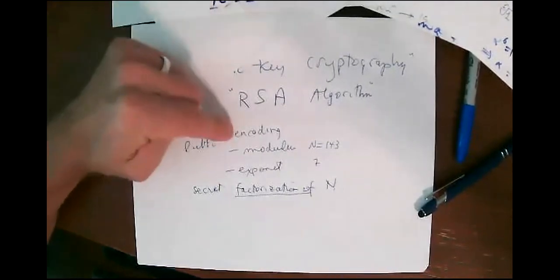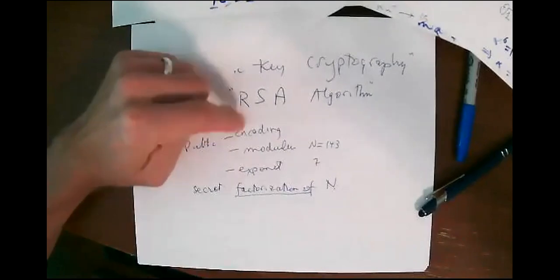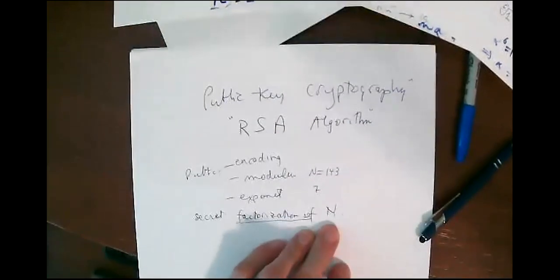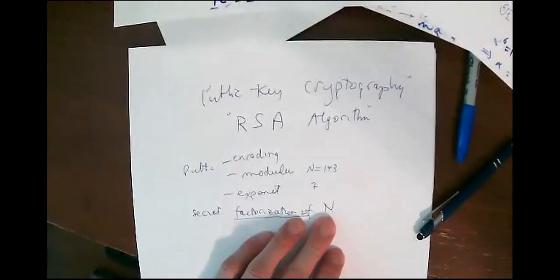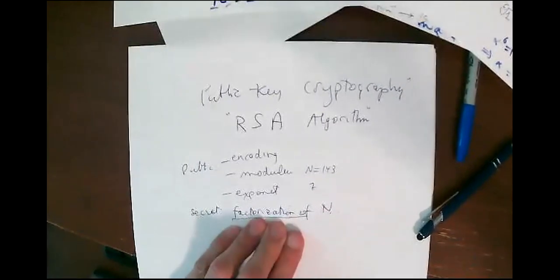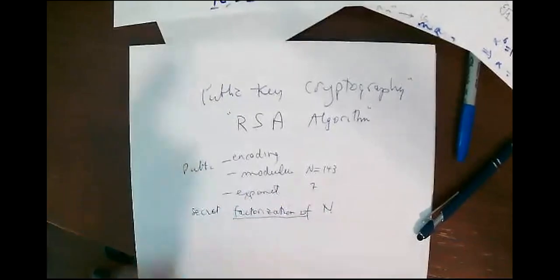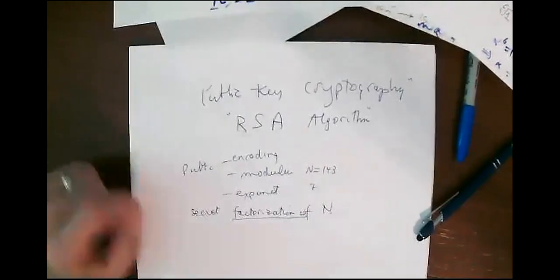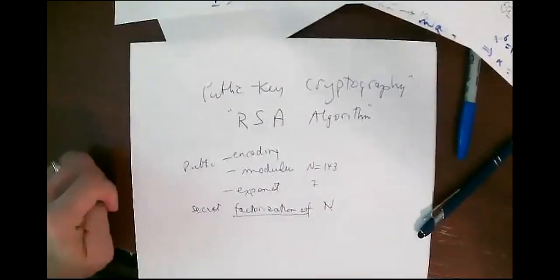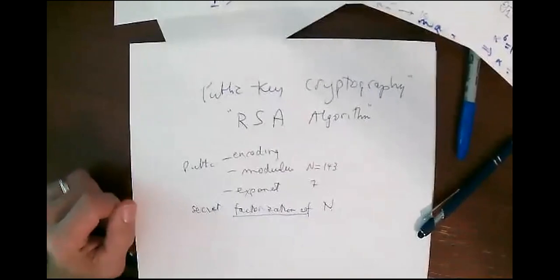But in practice, the way this is done is as follows. In order to send a secret message, it's the person who is going to receive the secret message that gets the factorization in the first place. And the way that they do that is they get some large prime numbers at random. They generate some big numbers at random and test them for primality.